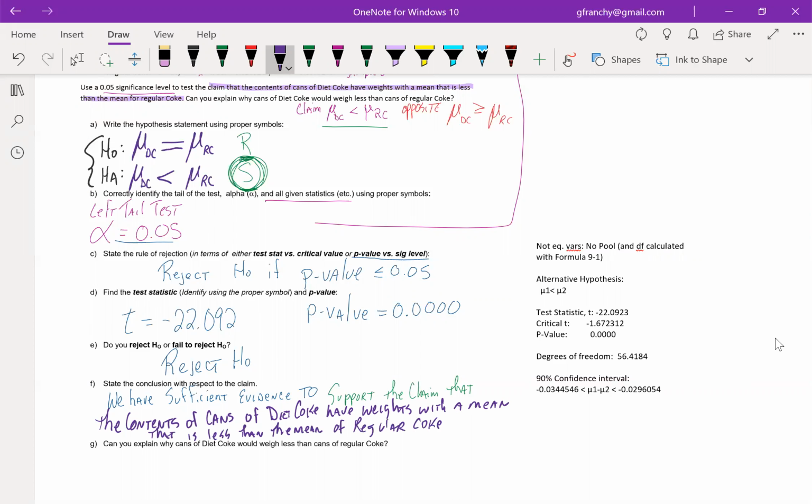So again, this conclusion with respect to the claim, it's built out of three pieces.